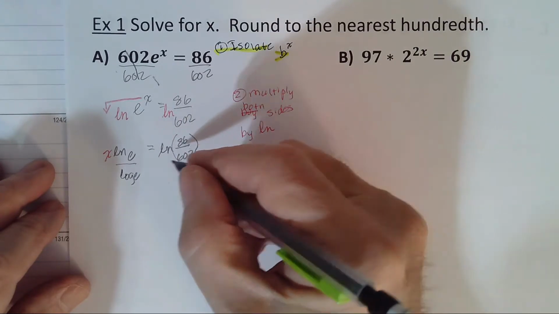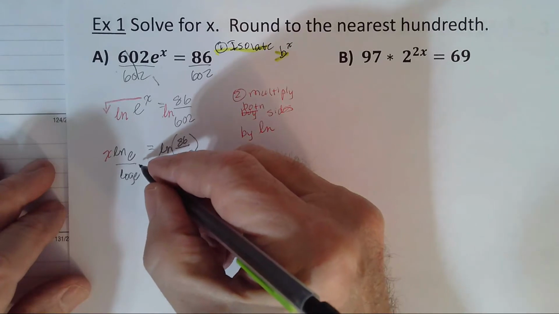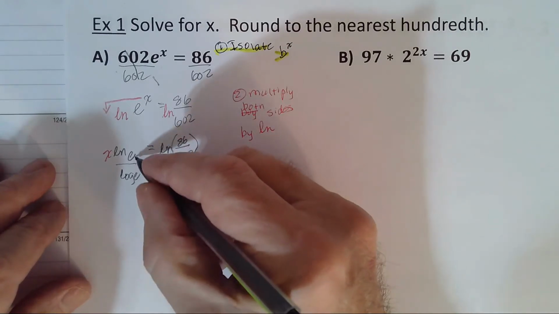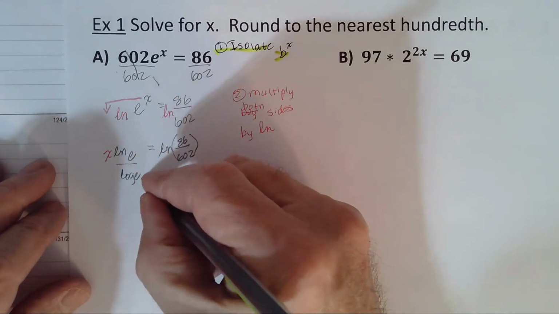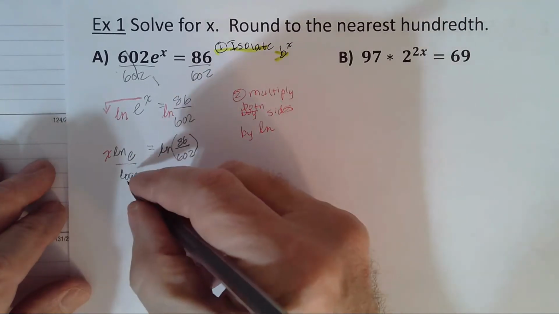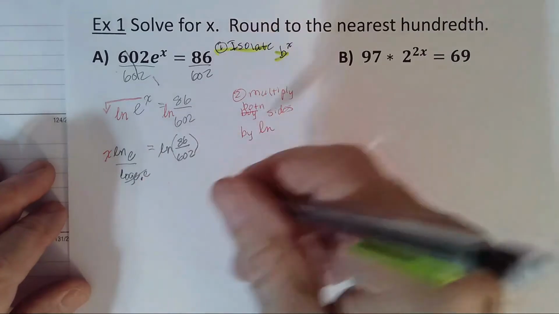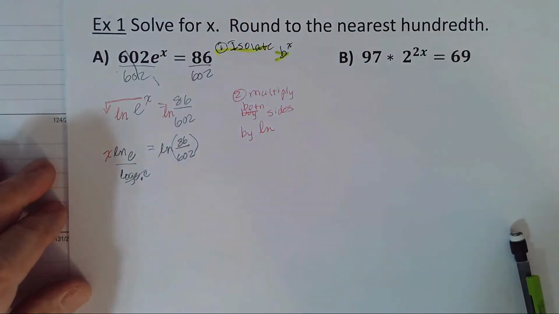And when I do that, this becomes natural log of e over natural log of e, and when you do that, it cancels out. All right? So anyway, you end up with x all by itself, and that's the goal.